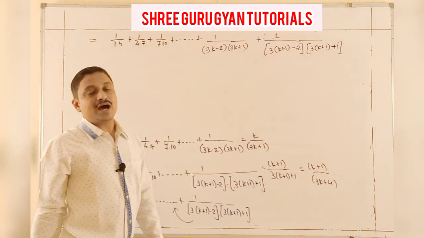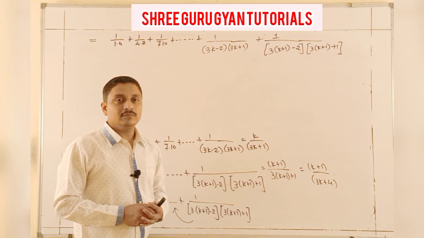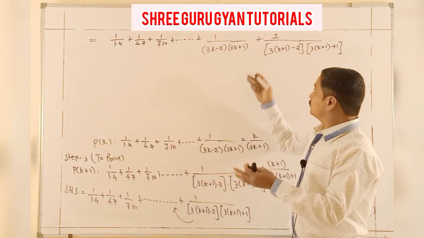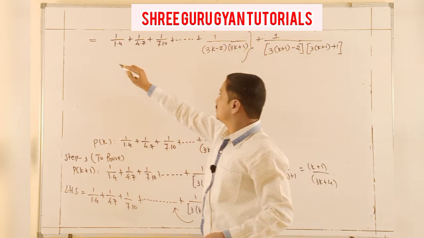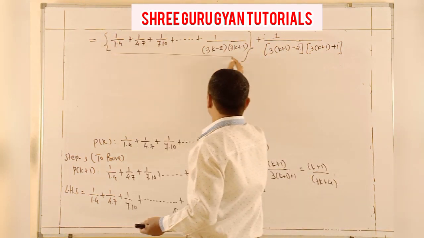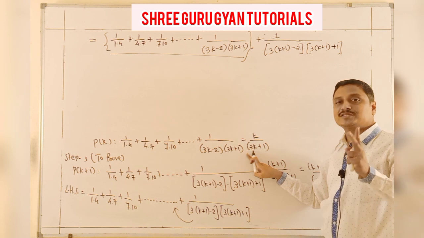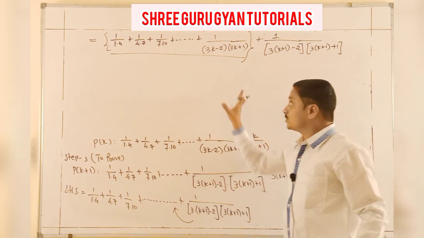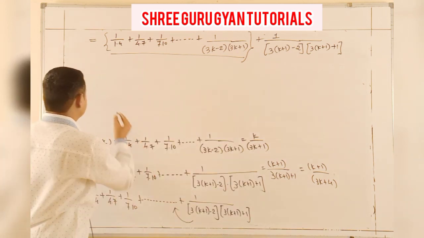Yes, now students, this full value up to that, you know what it is? That is your step 2. Yes, k upon 3k plus 1. So in that place, I just write down 1.